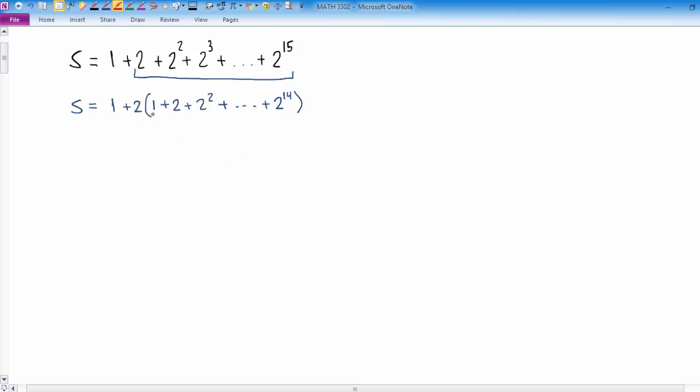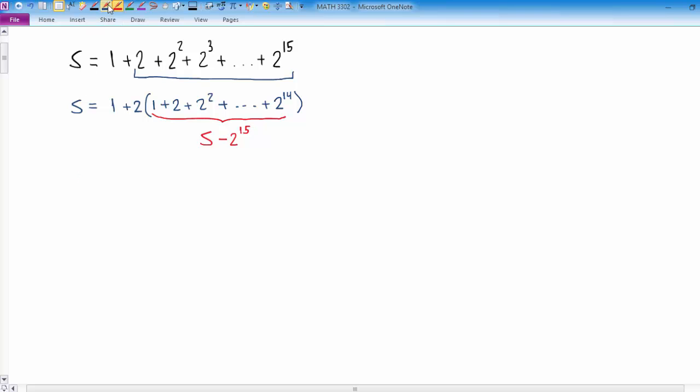Now we notice that this is the original sum s without the very last term, the 2 to the 15th power. So it's s minus the very last term of that sum.